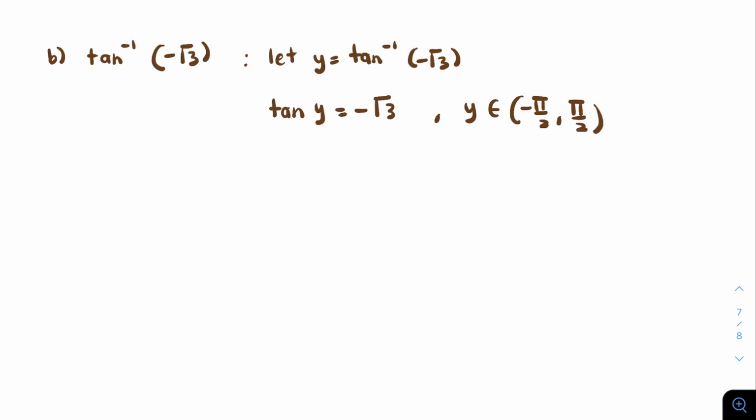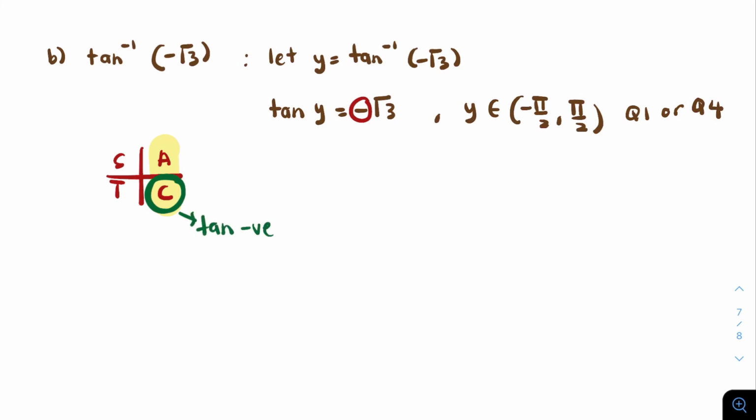Or you can say whether it's quadrant 1 or quadrant 4. For the tangent inverse function, it will be quadrant 1 or quadrant 4. Because you have a negative value for tangent, using your add sugar to coffee, for quadrant 1 or quadrant 4, this one falls at quadrant 4 because tangent is negative only at quadrant 4.